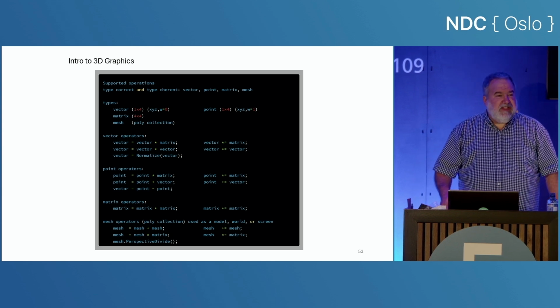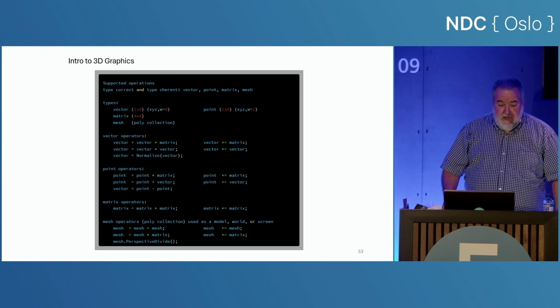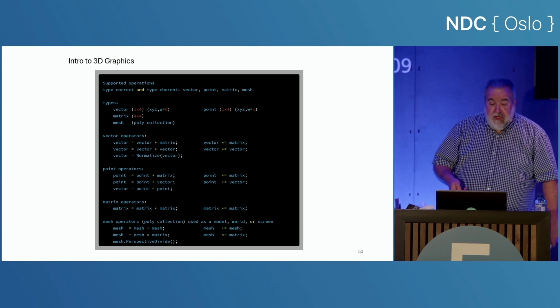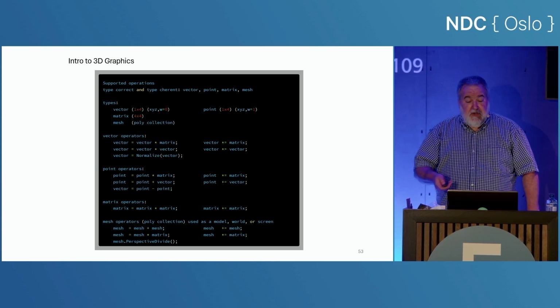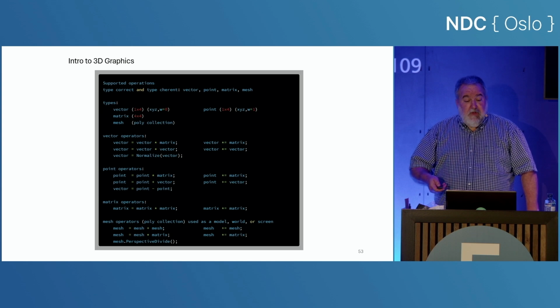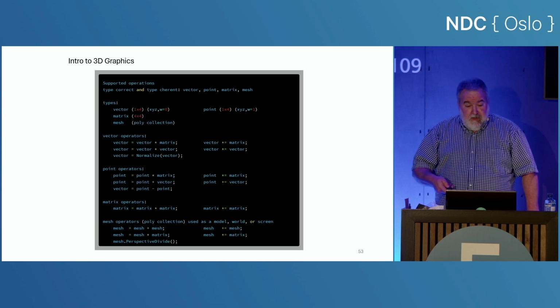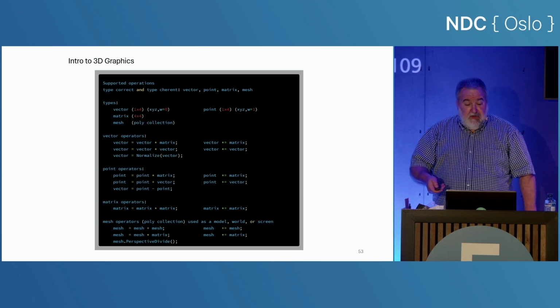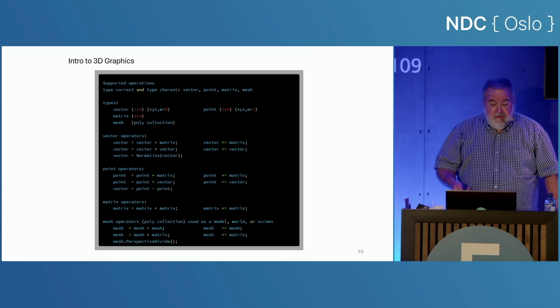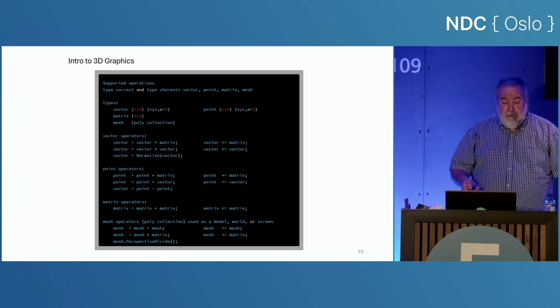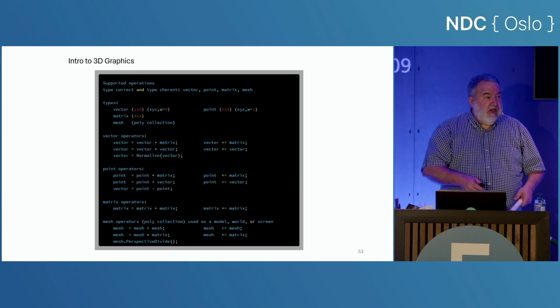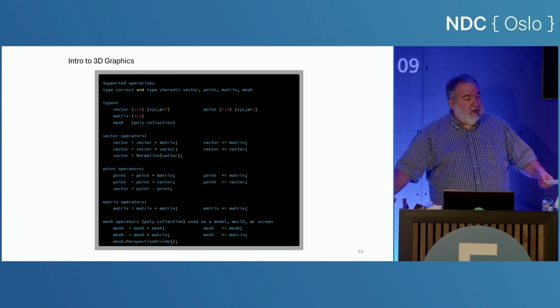I just changed the name on them through using. But you can multiply a vector times a matrix, point times a matrix, matrix times matrices, and then a matrix times a mesh. And a mesh is the collection of all those different polygons.